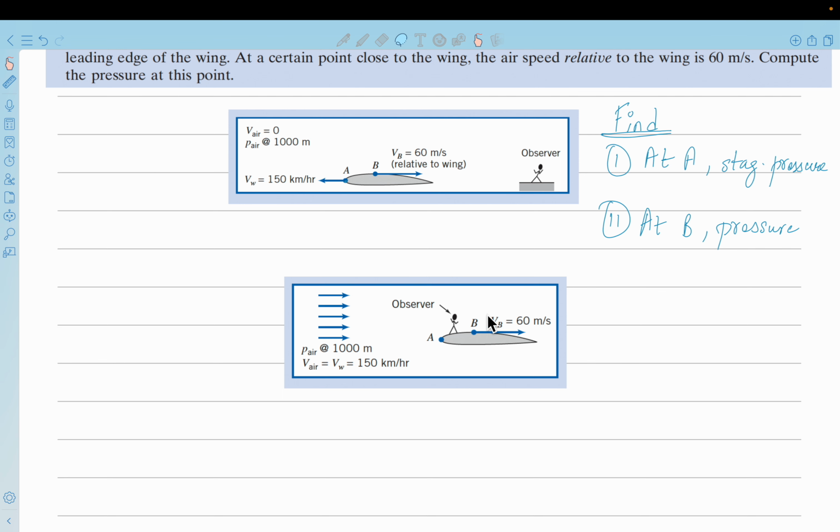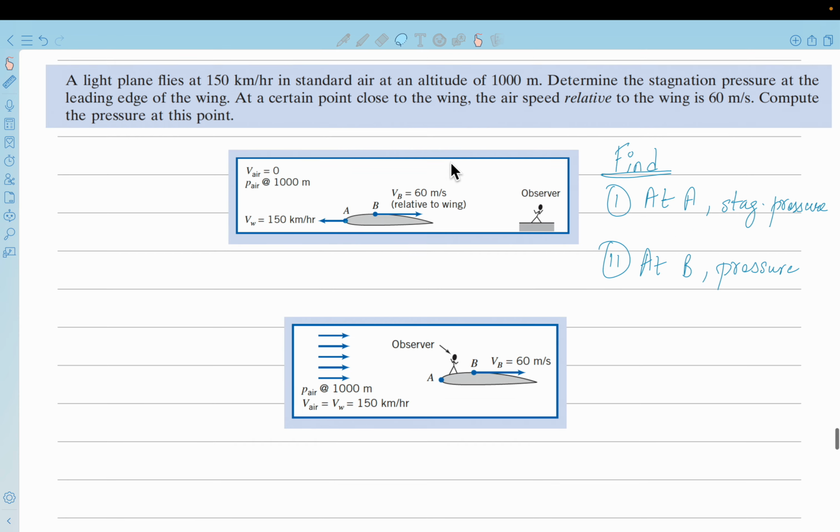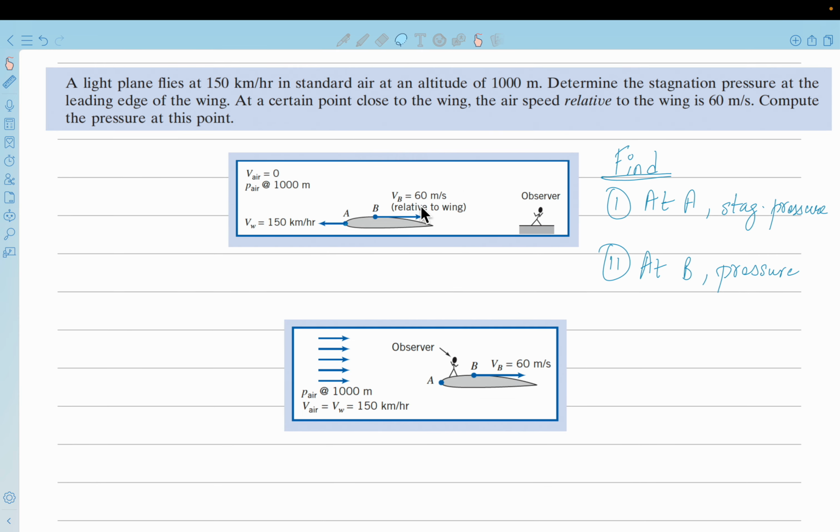Yeah, okay. And at B, remember that what is given to you is the speed that is seen. The speed is relative to the wing. So now that you are sitting on the wing, this is the absolute velocity that you actually see in this frame of reference.